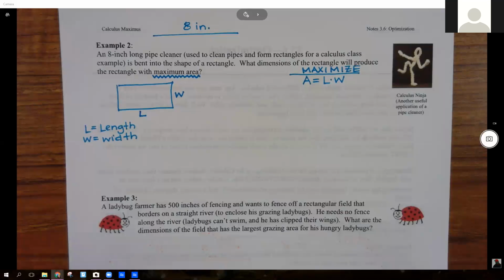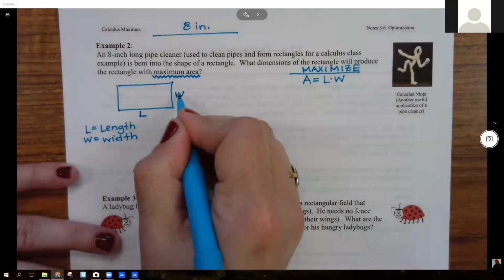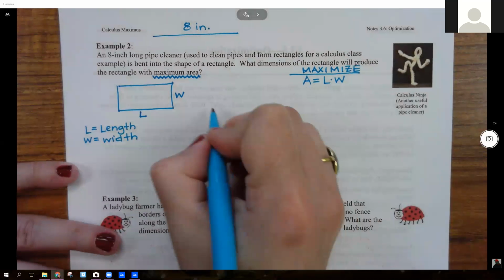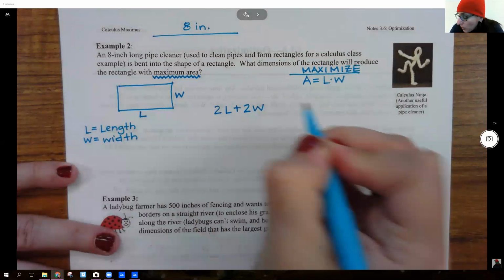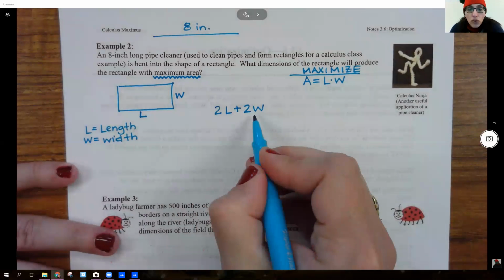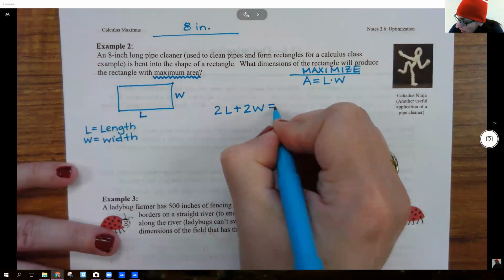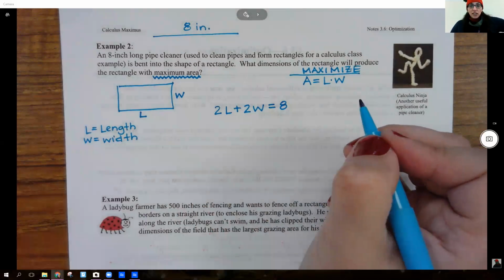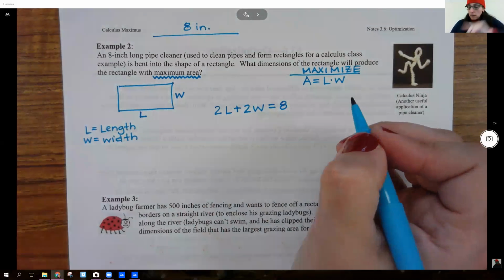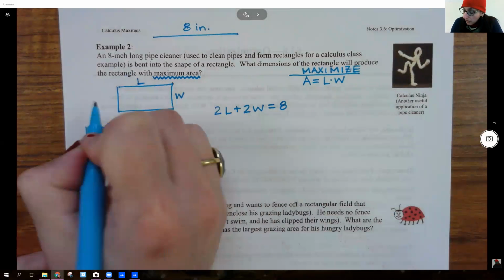Well, 2 length plus 2 width must equal 8, right? Very good. What does 2L plus 2W represent? How many inches we have to work with? Yes, and specifically it's the perimeter of the rectangle.